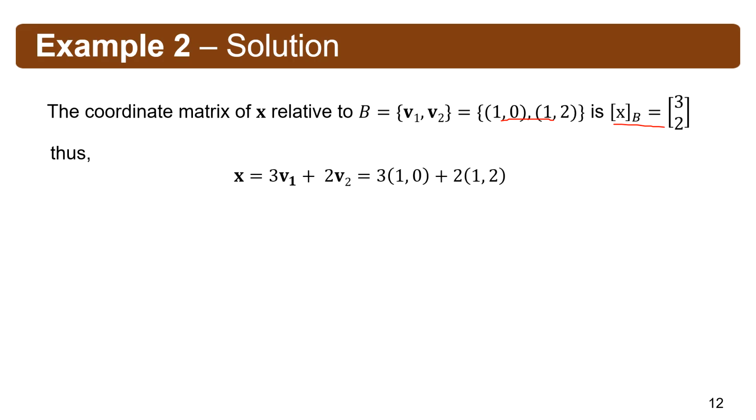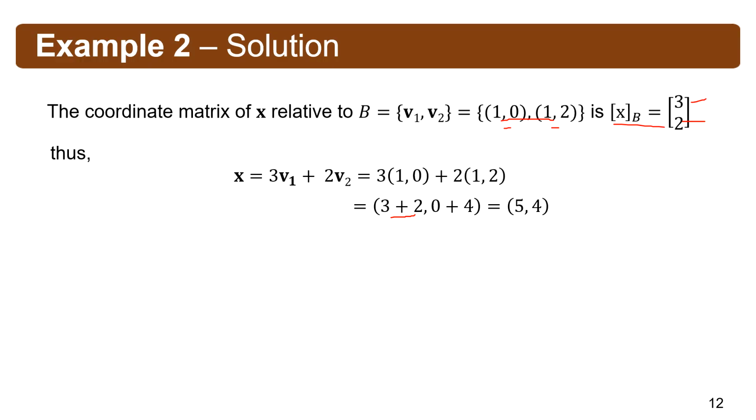So, we write now the linear combination. So we have here 3 and 2, that's the coordinates. So V1 and V2, and V1 is (1, 0) and V2 is (1, 2). So when we multiply 3 and add it to 2, that is our first component.